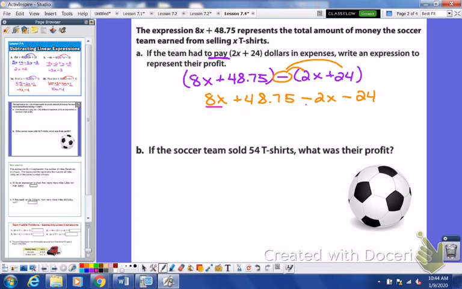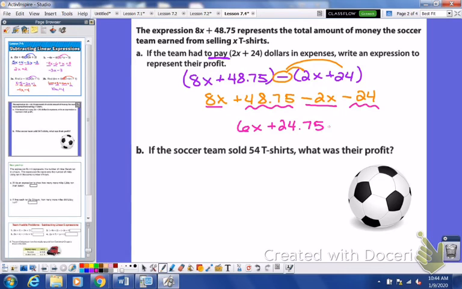And looking for our like terms, 8x, negative 2x, 48.75, and then negative 24. So 8x minus 2x gives us 6x. 48.75 minus 24 gives us plus $24.75. So there is our simplified expression to show how much money they make in profit.